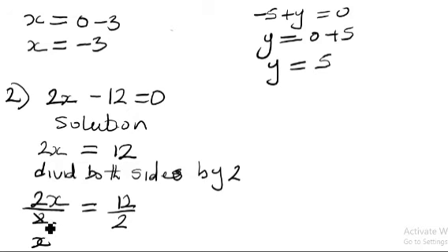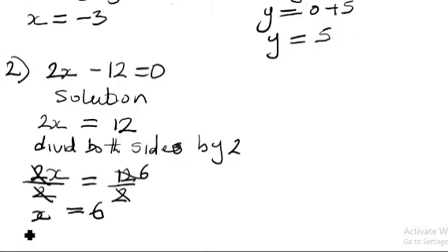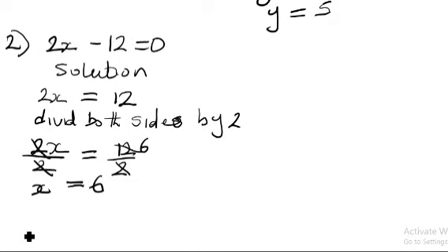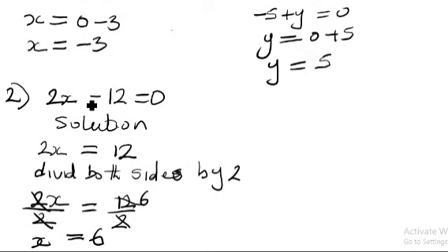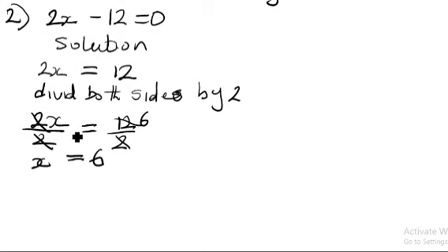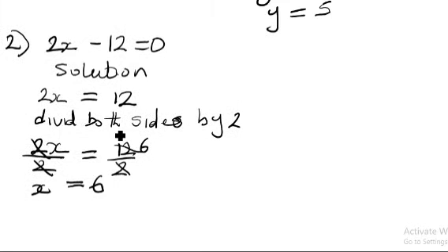This cancels this, you have 6. So x equals 6. Don't forget the coefficient of x here is 1, so we have to make sure that in our solution the coefficient of the unknown remains 1 in the final answer.